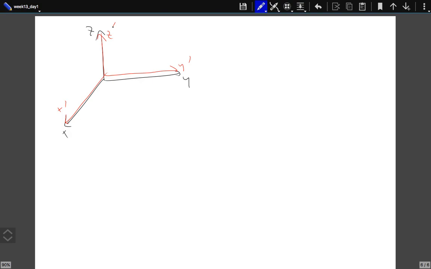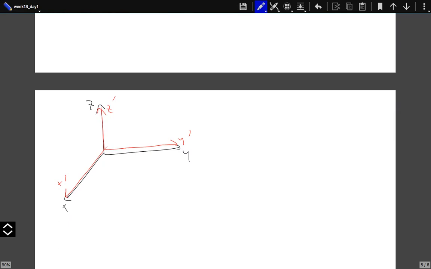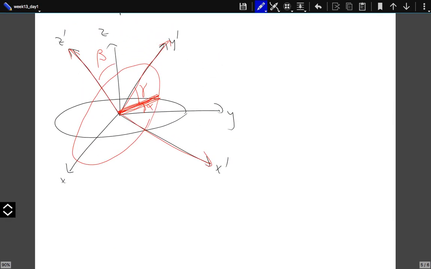Now, what I'm going to do is first align my y prime axis with that line which is the intersection of these two disks, the unrotated disk and the rotated disk. So that's the first thing I will do. So first a rotation around the z-axis by alpha, because of the angle that the intersection line makes with the initial y-axis.